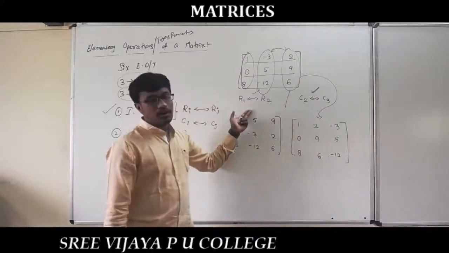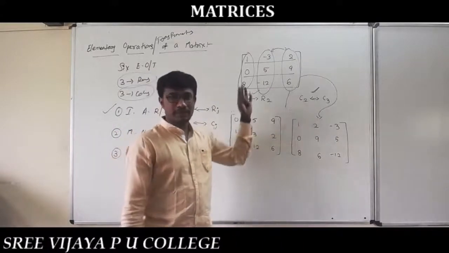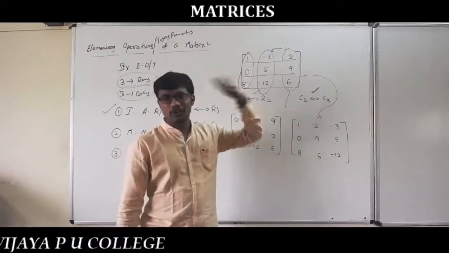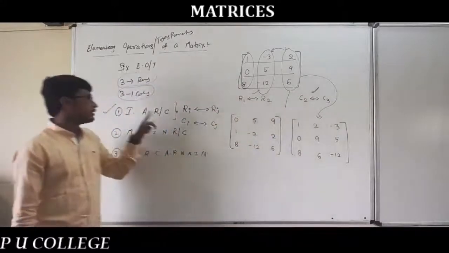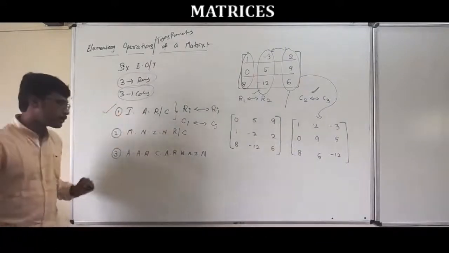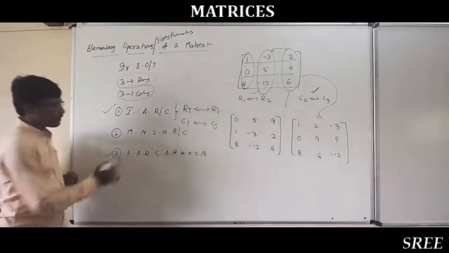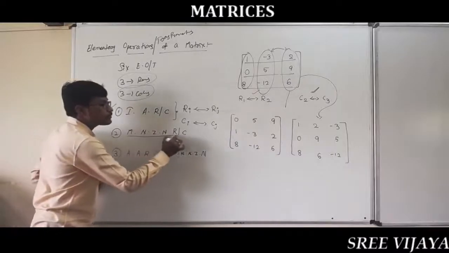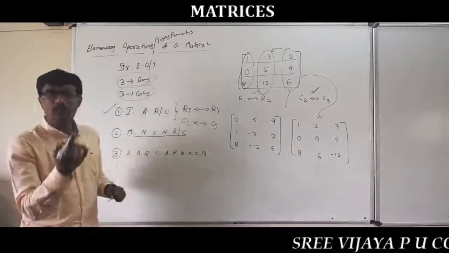Either you can apply the row operation or you can apply the column operation. This is the first one, interchange of any 2 rows or any 2 columns. The second one is multiplication of a row or a column by a non-zero number.